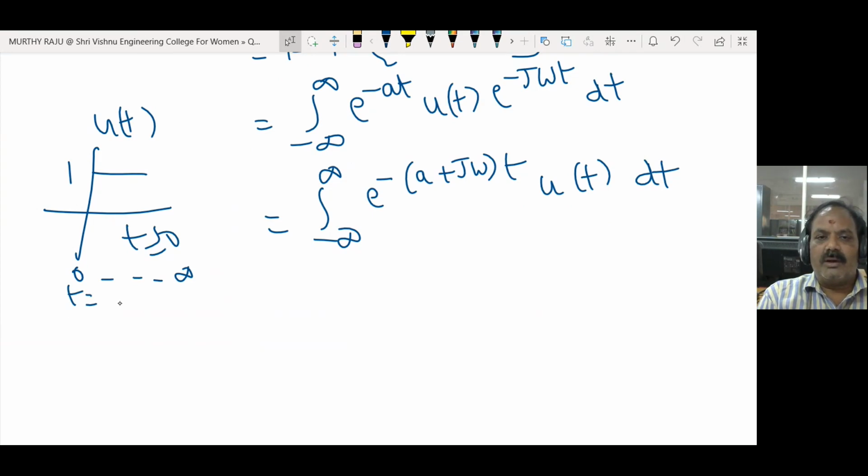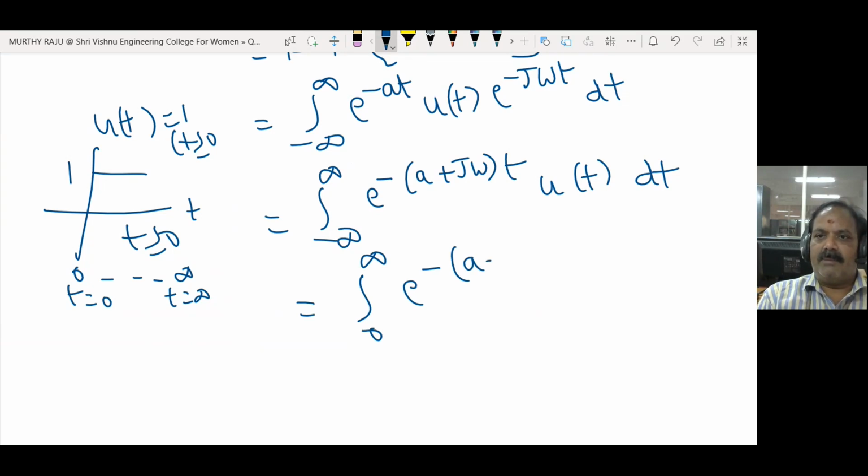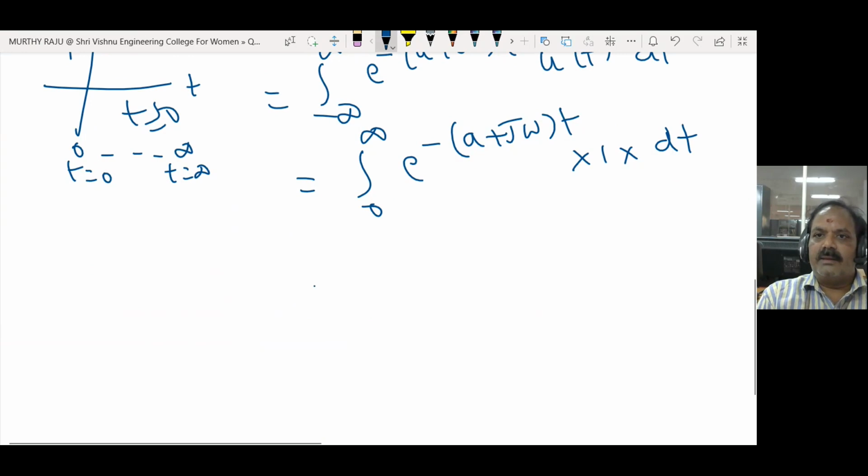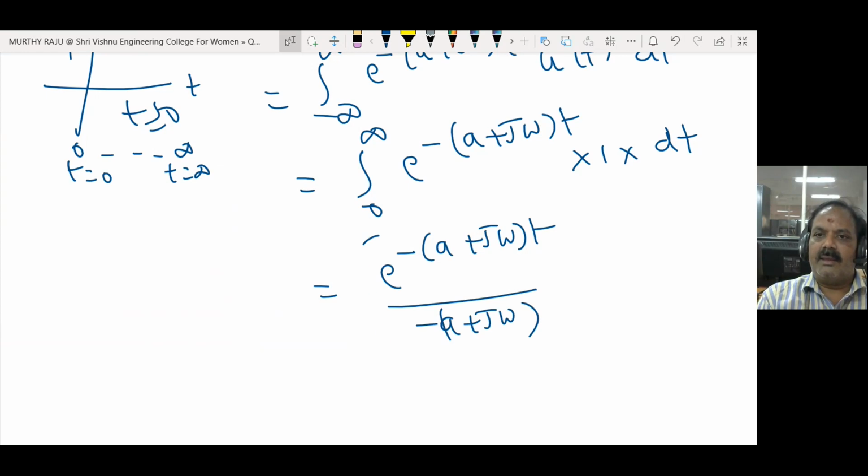That means t is equal to 0 to infinity. On the time axis, the value of u of t is 1 for t greater than or equal to 0. So the integral from 0 to infinity of e power minus a plus j omega t, with u of t equal to 1, dt, gives e power minus a plus j omega t by minus a plus j omega in the interval 0 to infinity.